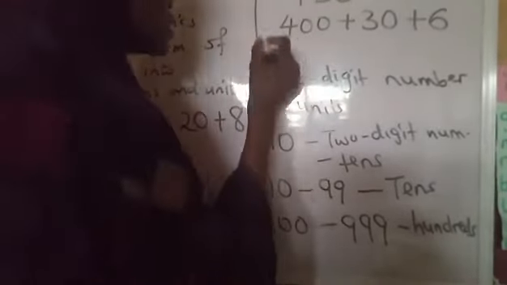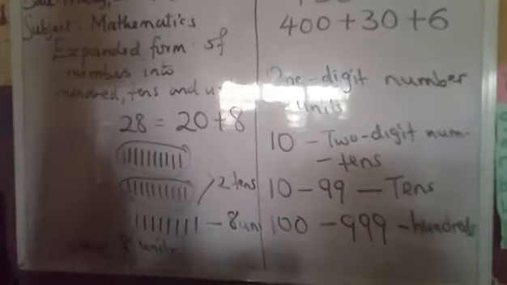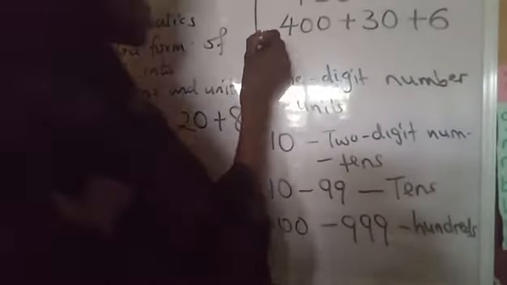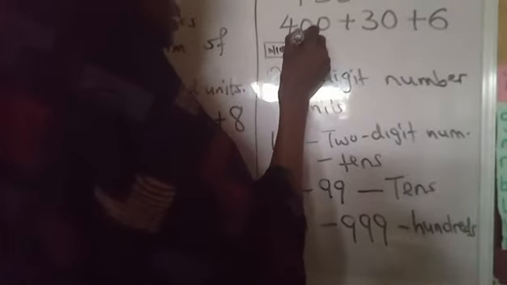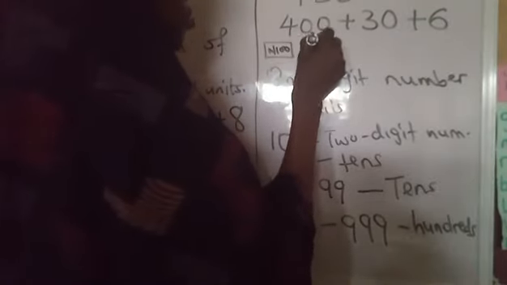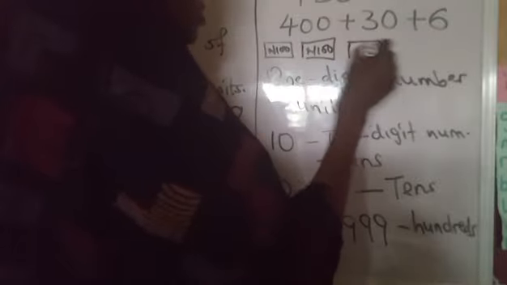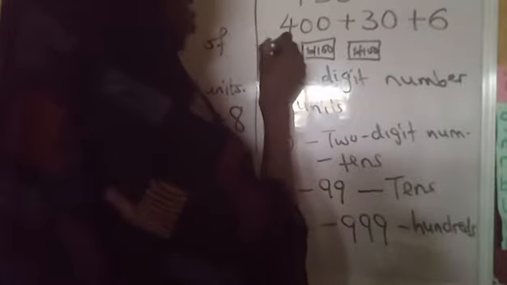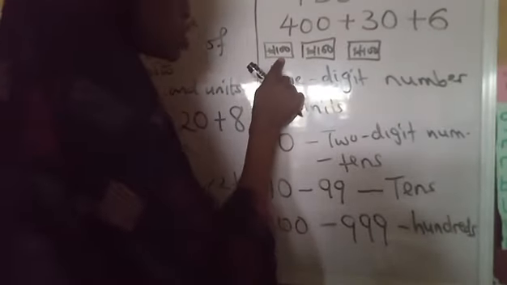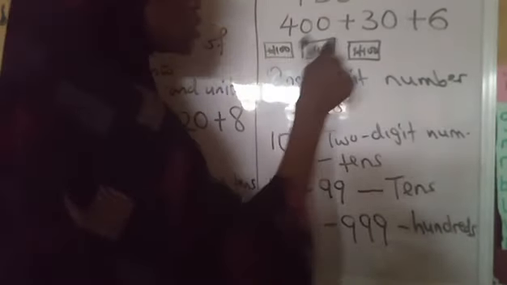So let us assume, or let me use money. Now this is a 100 naira note. Here is another 100 naira note. Here is another 100 naira note. Now, how many 100s do we have here? Let's count together. 100, 200, 300.